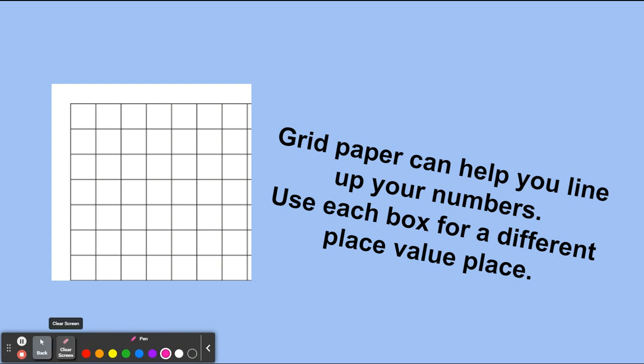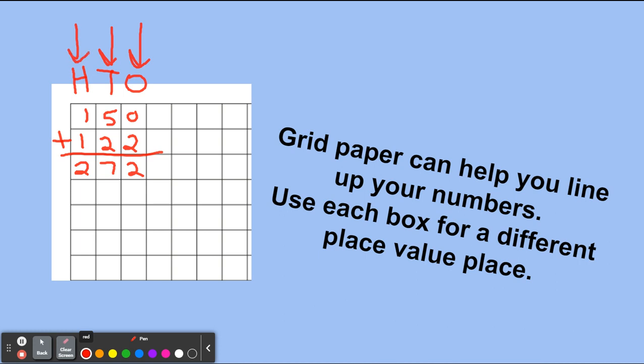So when we were writing, we would put the numbers, like if I did 150 plus 122, we would use the grid paper to help line up our digits. That way every number stayed where it needs to be, and all the place values, so here's my hundreds, my tens, my ones, all the place values were kept in that same column. So this can help space out numbers and keep everything neat and organized.